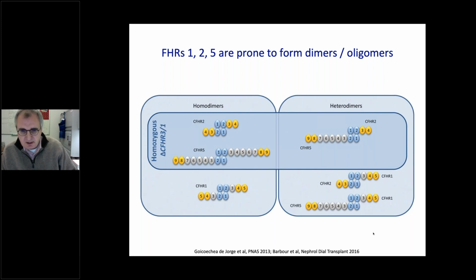They do this under physiological situations to fine-tune factor H's function. That's what we think, since they do have regulatory capacity, but they are not as strong as factor H. So you basically balance the factor H function by having those dimers around.